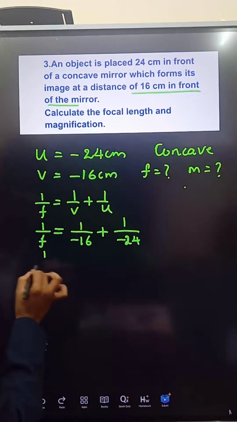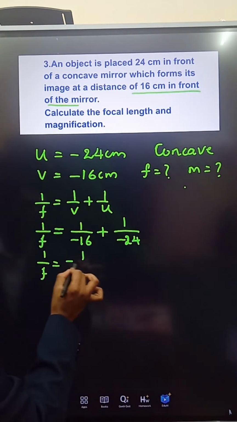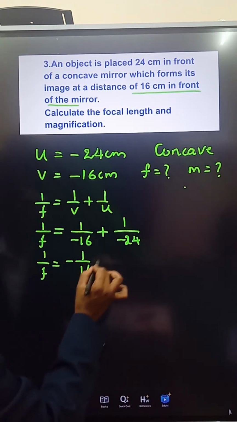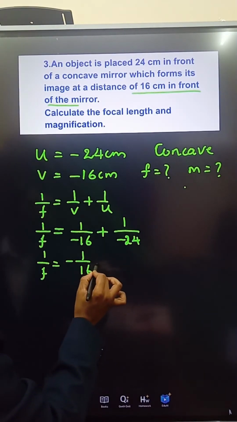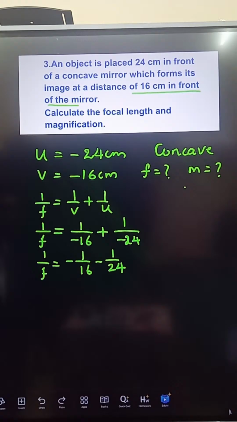Now 1 by f is equal to 1 by 16, plus into minus, minus 1 by 24. Just go for the LCM method again. Solve by finding the LCM, and try whether it comes. Of course you can get it.